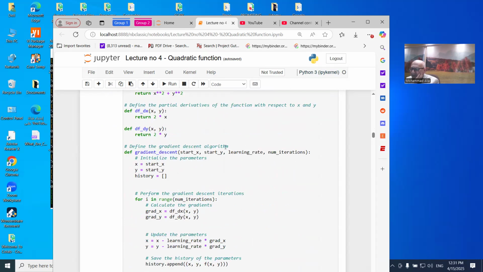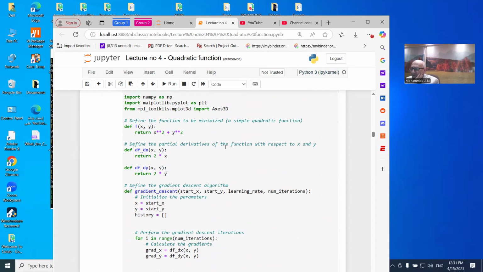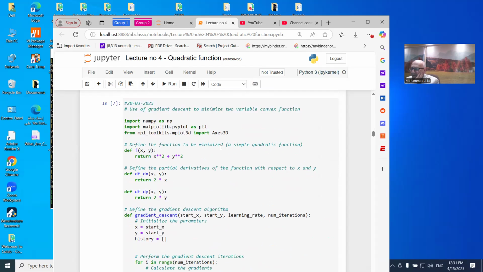Now I think we are here to find the minimum of this function by using the gradient descent algorithm. We have already used the gradient descent algorithm to find the minimum of a convex function with one variable. But when working with two variables, we did not do that yet. Today we shall do it now.